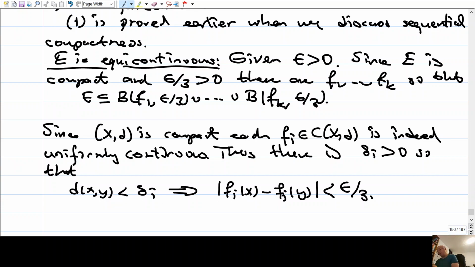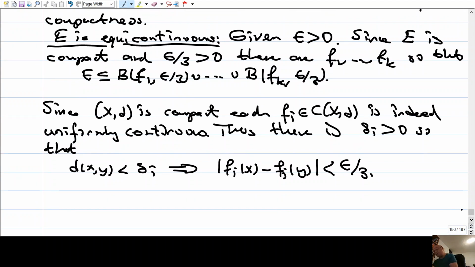Well, I have only finitely many fi's in this open cover. So let delta be the minimum of these.